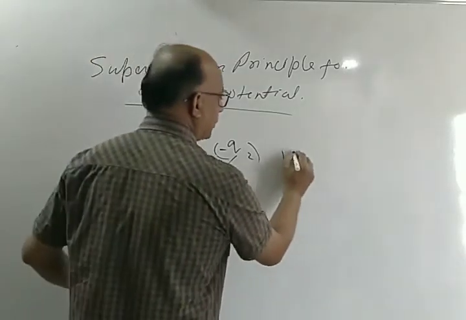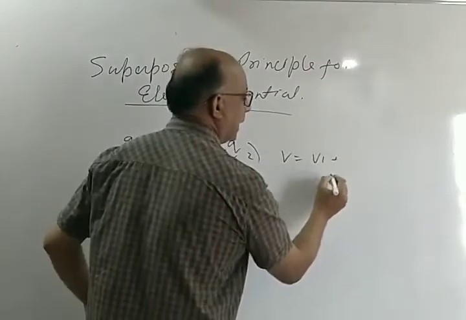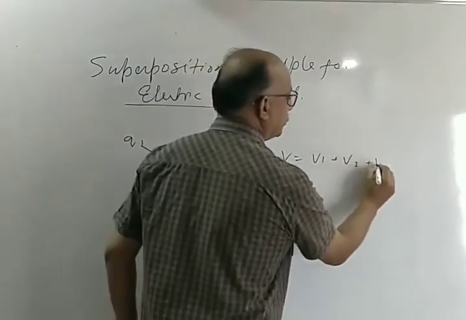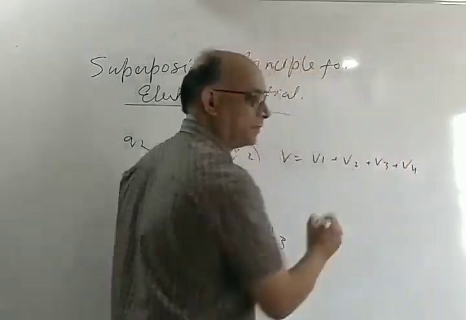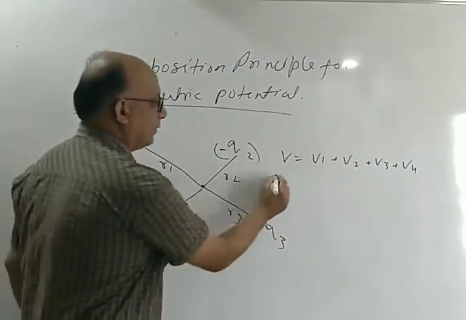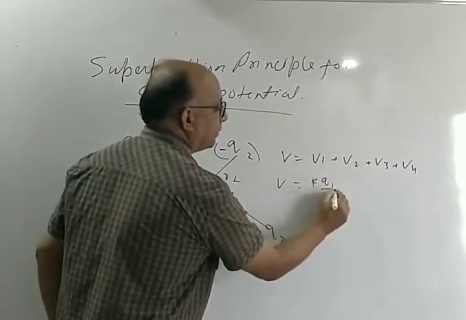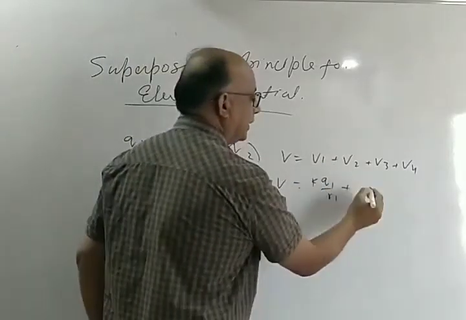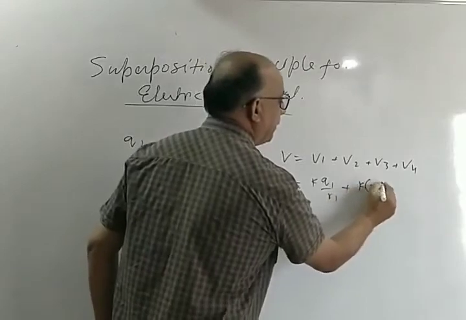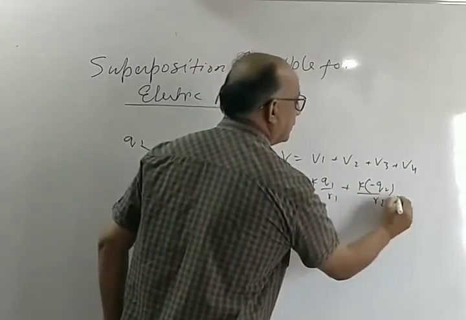The net electric potential V is the algebraic sum of V1 plus V2 plus V3 plus V4. V1 is due to a positive charge, so this is KQ1 by R1. V2 is due to a negative charge, so this is K(-Q2) by R2.